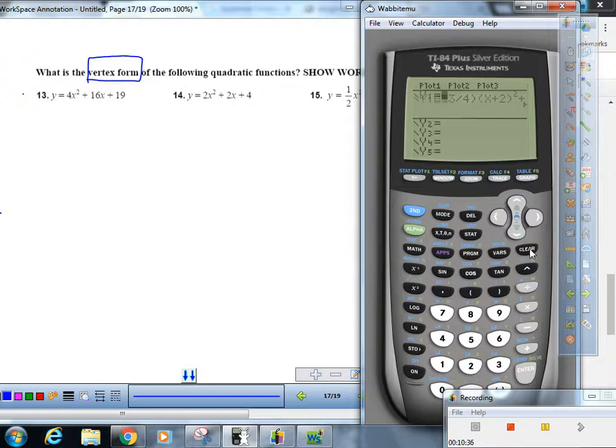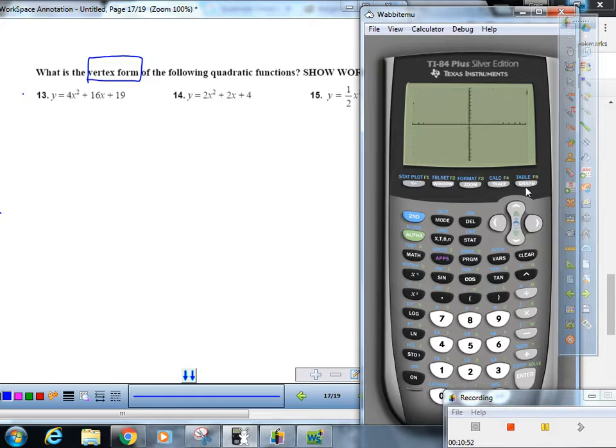So y equals 4x squared plus 16x plus 19. Graph that thing. Alright, so we got a thin parabola, which we would expect.